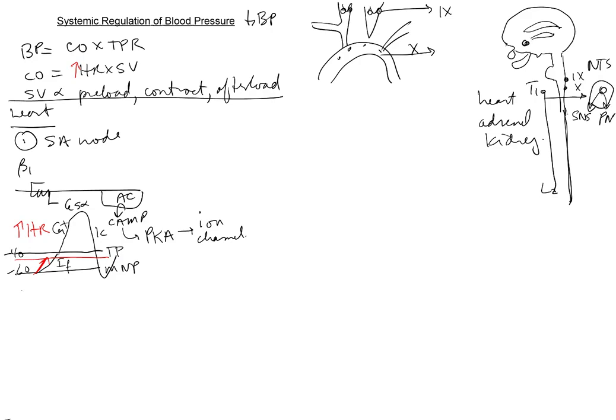The second heart cell that's going to respond is the cardiac myocyte, the contracting cell. Again, this is going to be on our beta-1 G-coupled receptor, and it's still going to be GS-alpha, which through adenyl cyclase and cyclic AMP is going to produce protein kinase A. But now the effect is going to be on the calcium signal.